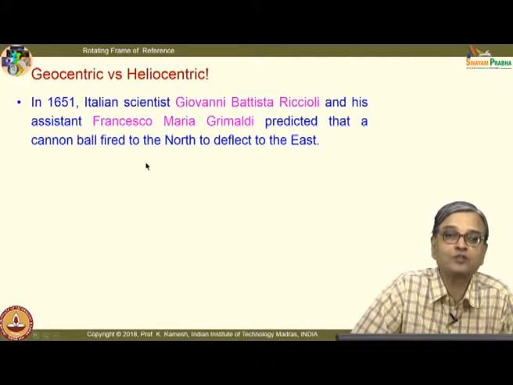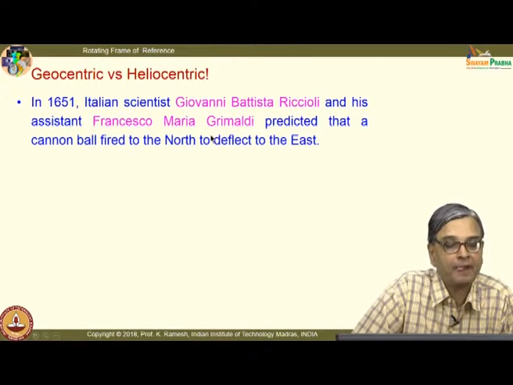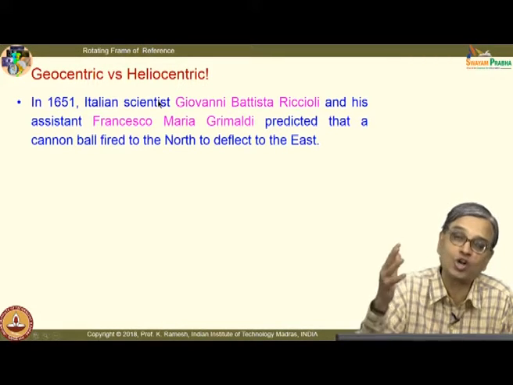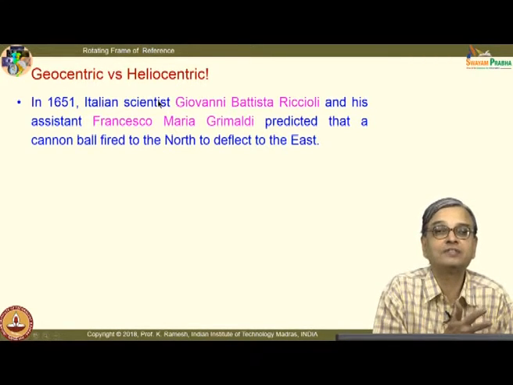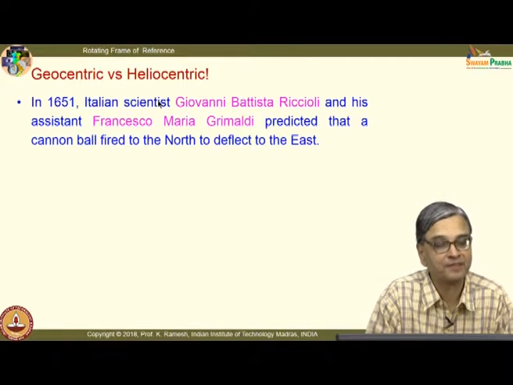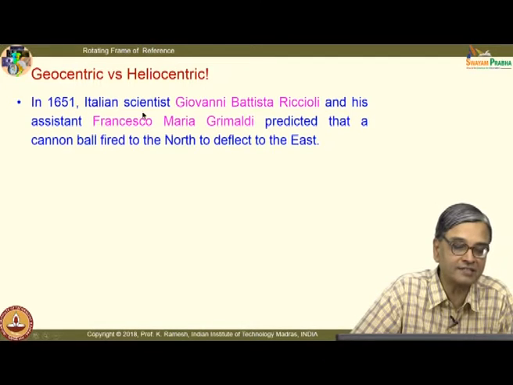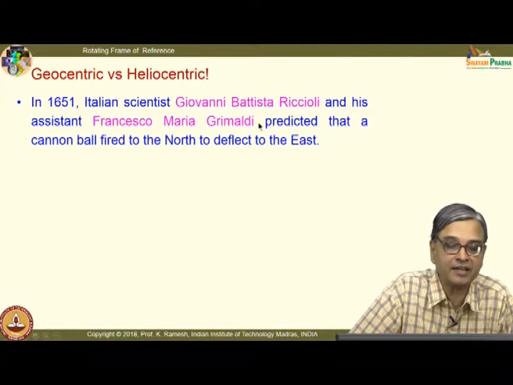If you go back to historical development, the discussion of geocentric versus heliocentric is also wedded to the development of the Coriolis effect. Way back in 1651, the Italian scientist Riccioli and his assistant Grimaldi predicted that a cannonball fired to the north would deflect to the east.